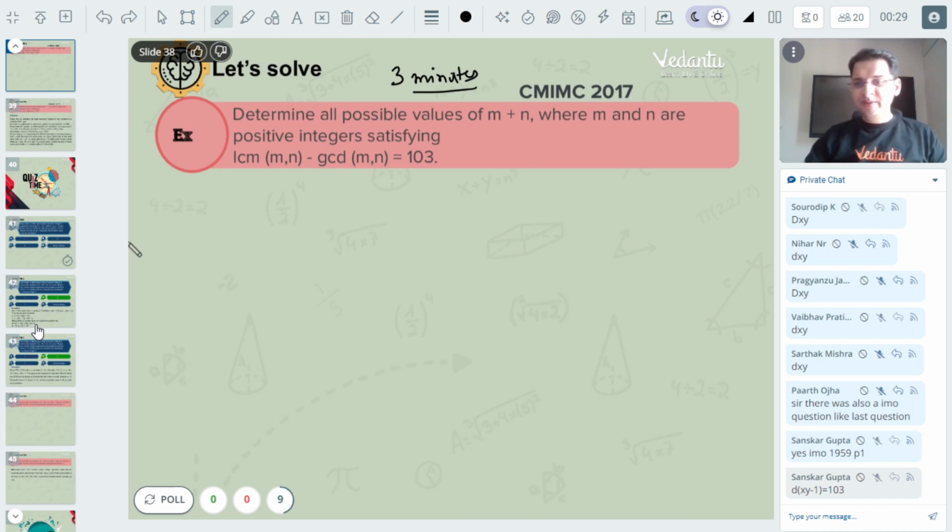Try to solve the question completely. So all the possible values of m plus n is what we require.